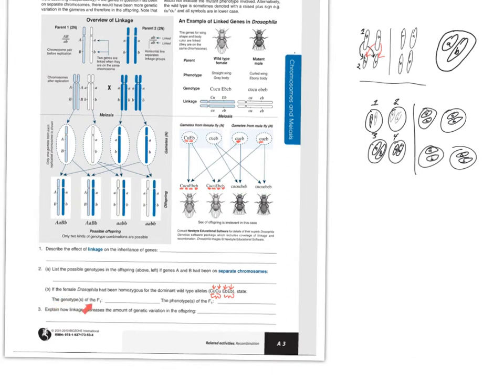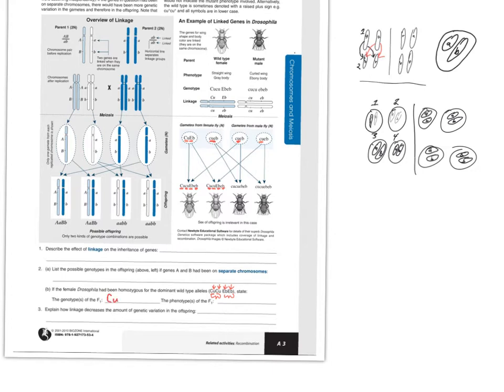Now, what are the genotypes for the F1 generation if instead of having little c, little e, you had big C, big E? So in other words, both of these groups were dominant. The F1 generation would be what? All of them would be big C, little c.